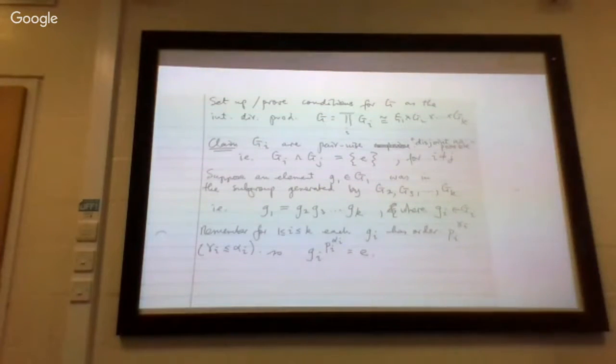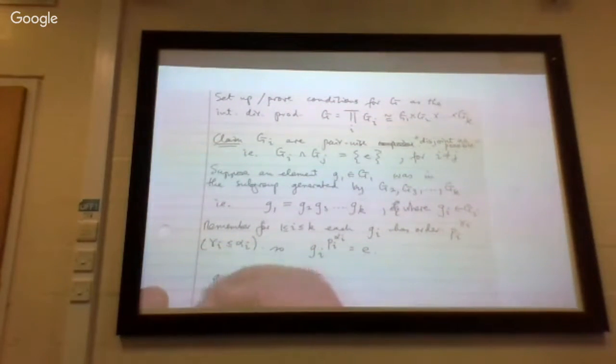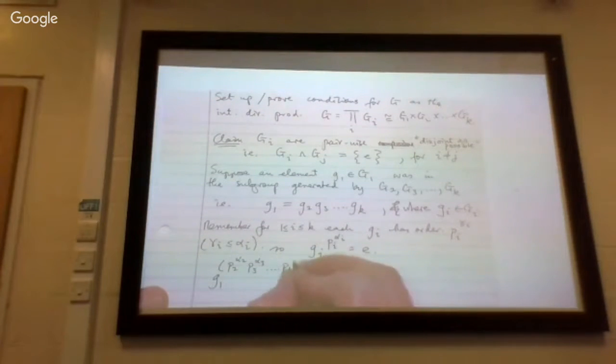So that means if we take G1 and raise it to a large power, this power being P2 to the alpha 2, P3 to the alpha 3, up to Pk to the alpha k.